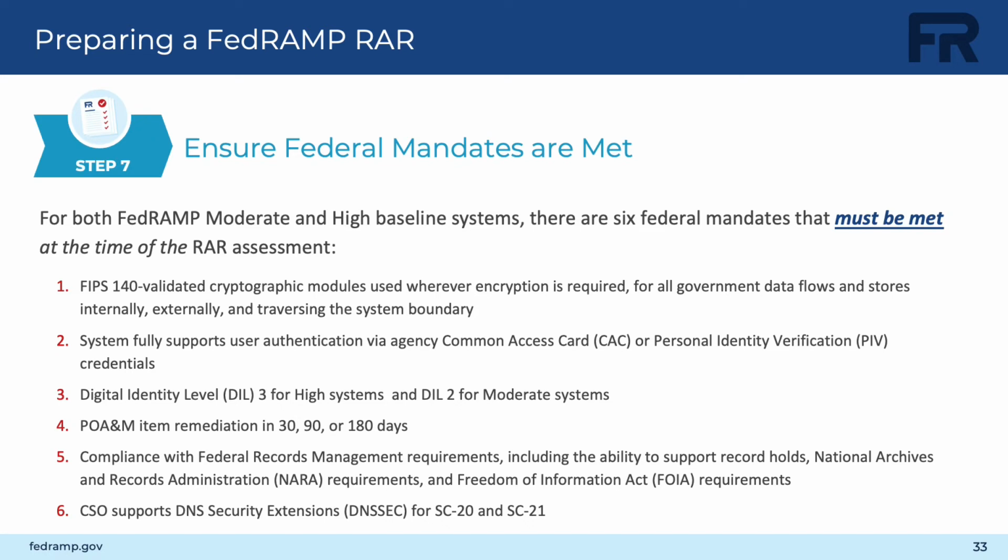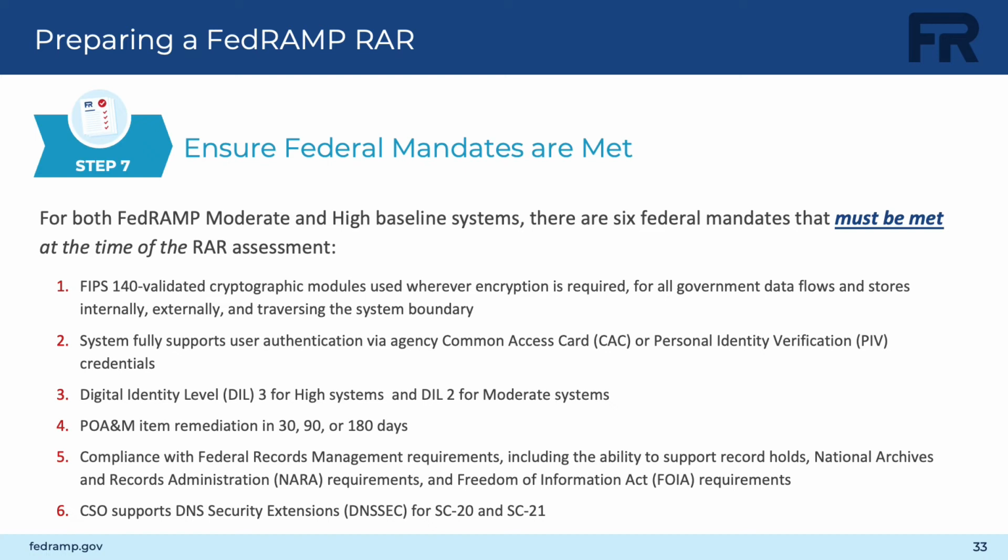Fifth, the CSP and system meet federal records management requirements, including the ability to support record holds, National Archives and Record Administration requirements, and Freedom of Information Act requirements. And lastly, the system's external DNS solution supports DNS security extensions to provide origin authentication and integrity verification assurances.